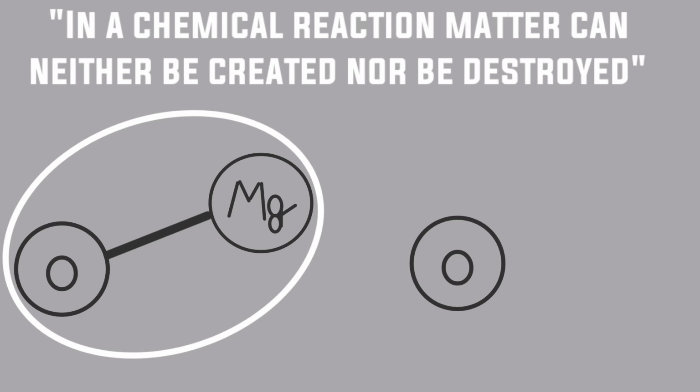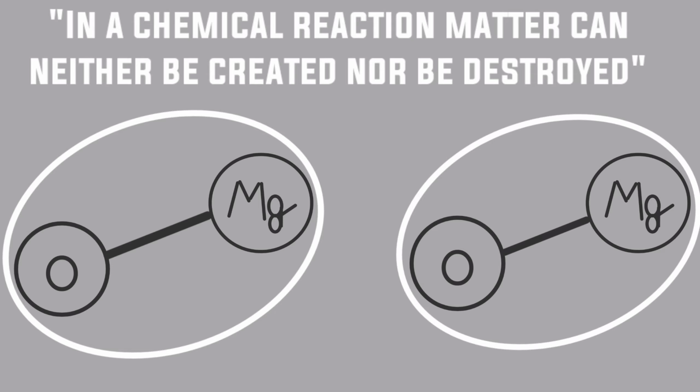So in order to balance this equation, we introduce another magnesium atom, thus reacting with the remaining oxygen to form another molecule of magnesium oxide and balancing our equation. Now you might be thinking, how can we write this in the form of an equation?